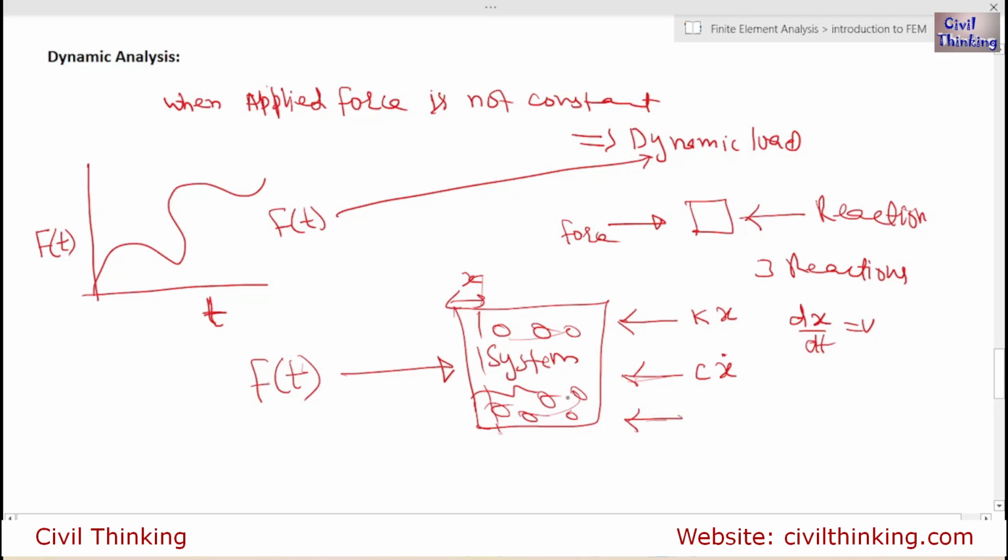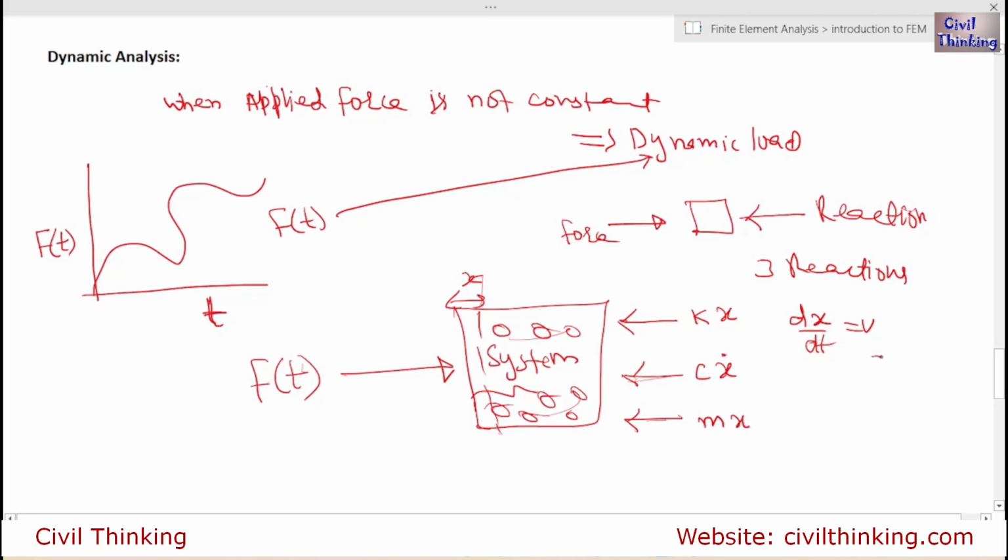Now also because of this f of t, the body is going to change its acceleration. But there will be a reaction which will oppose the change in acceleration, and that will be the mass times acceleration.